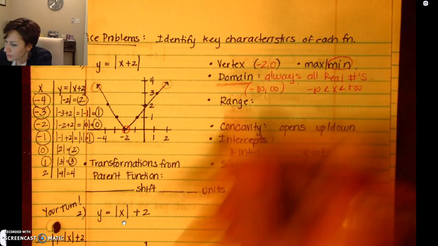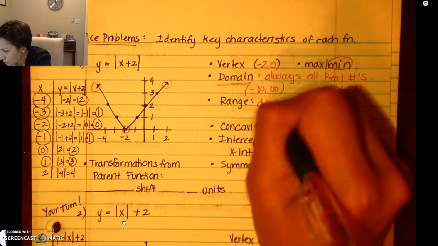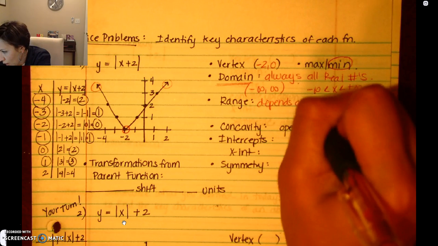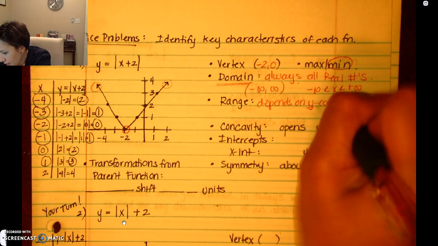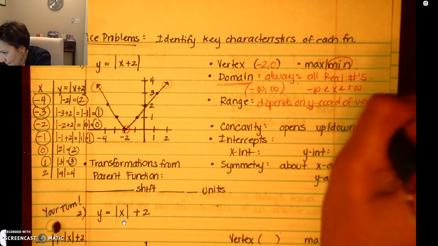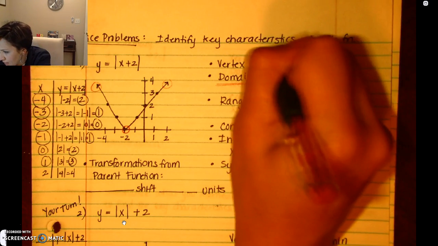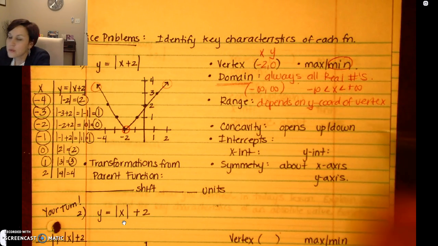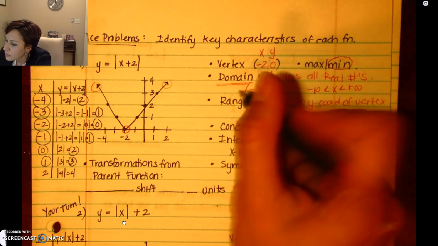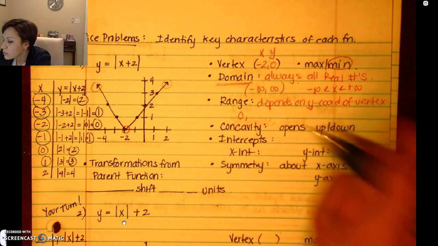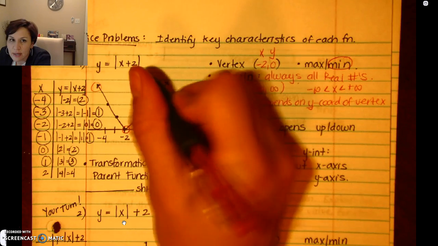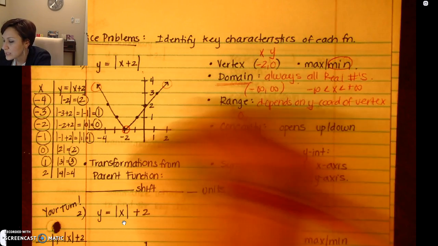Your range, remember, depends on the y coordinate of the vertex. So in this case, your vertex is -2, 0, your y coordinate is 0. So your graph is going from 0 to, is it pointing up or is your graph pointing down?